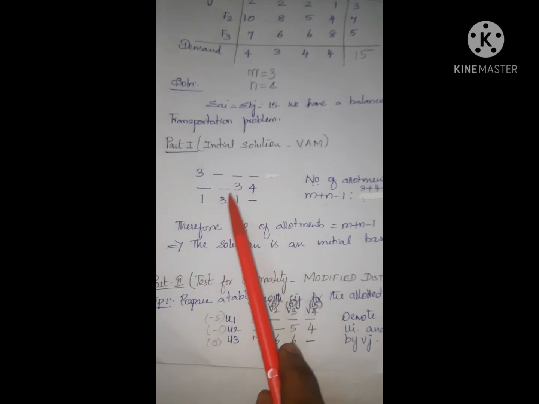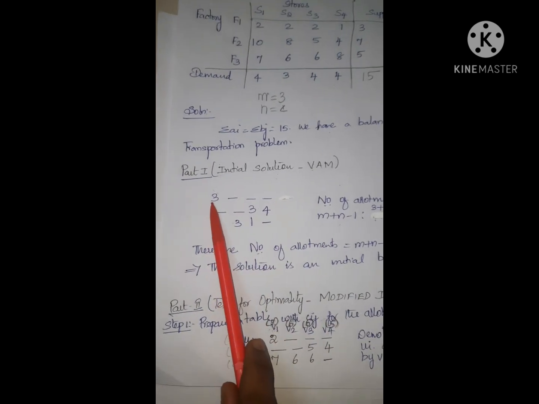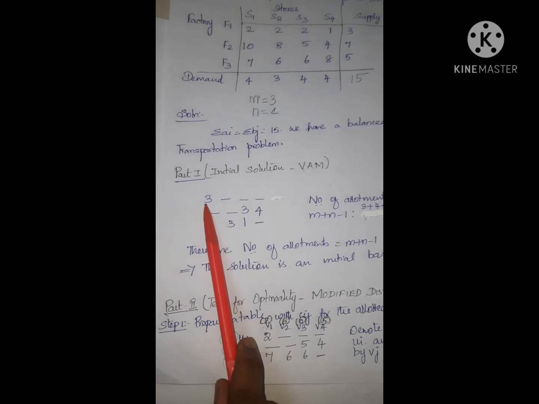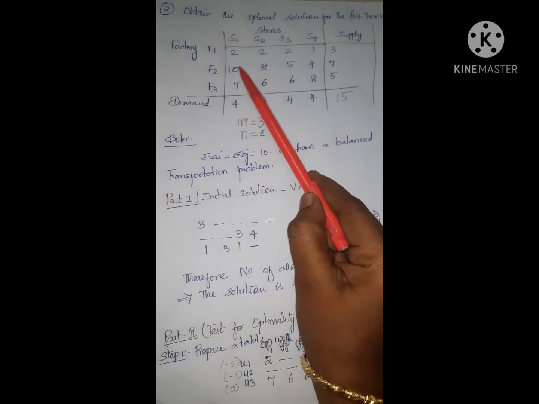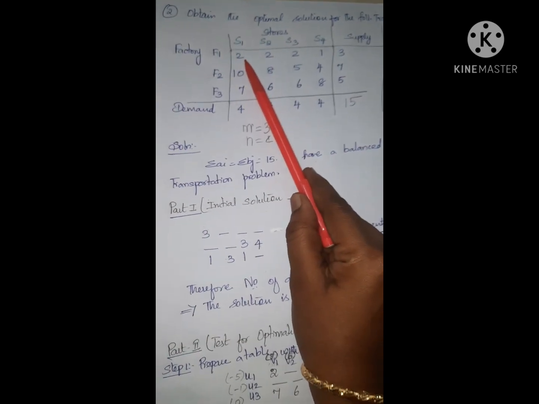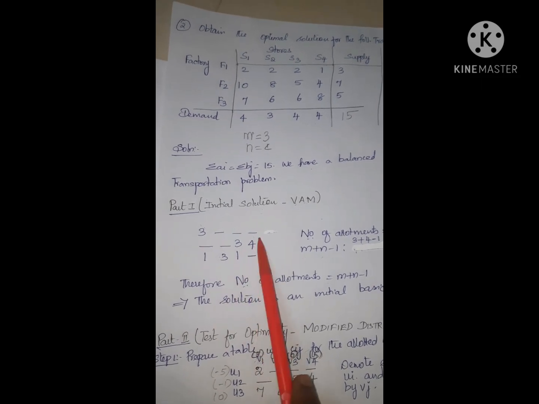To start with, in our allotment table, the first allotment value is 3. We will not write 3. In the place of 3, what is our corresponding cost value in the problem? 2. So we write 2. The next allotment cells, dash, dash, dash, no allotments.